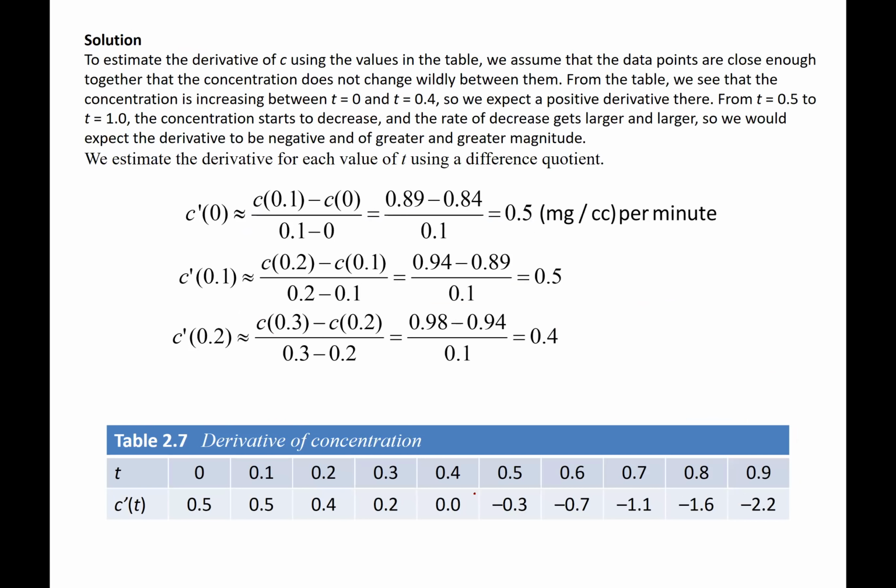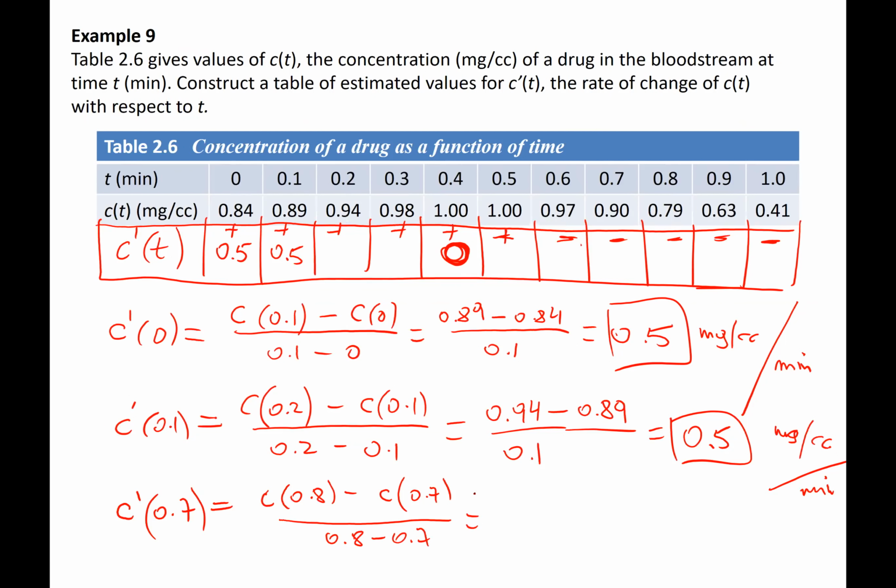At 0.8, we do have 0.79. At 0.7, 0.90. And this is still the same difference, 0.1. And this one is 1.1... What's the difference? Am I crazy? 11.11.